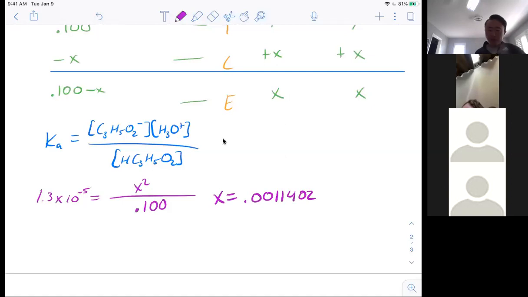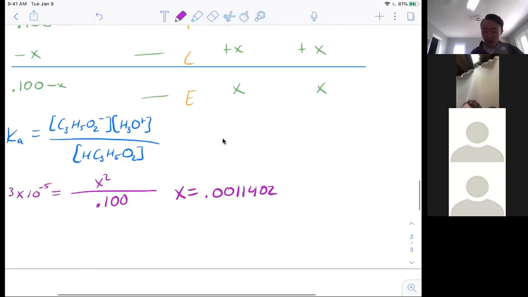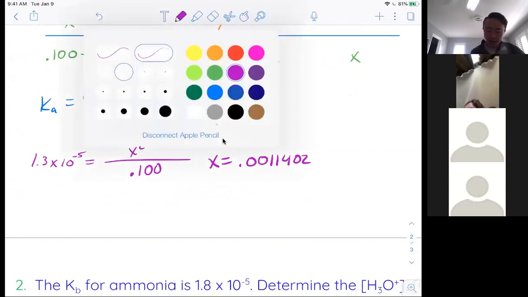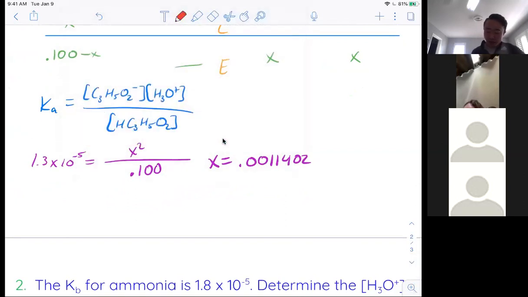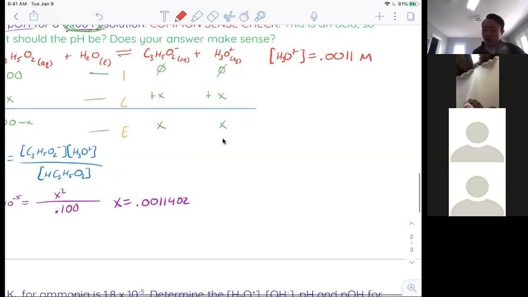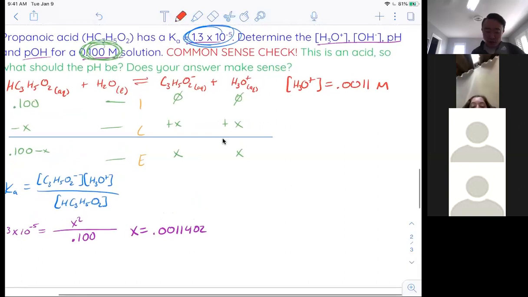Yeah, that's what I got. So that's my x value, which is then also equal to my concentration of H3O plus. So I have here the concentration of H3O plus is equal to 0.00, let's go with 2 sig figs, 11 molar, okay? You could do a ton of things now to solve for these other three guys here.